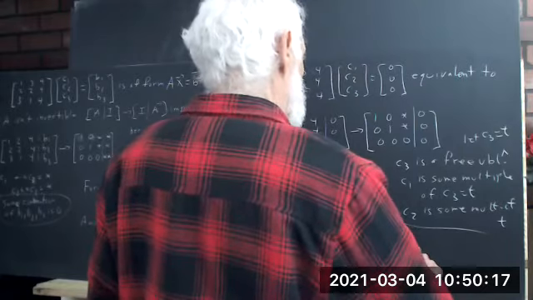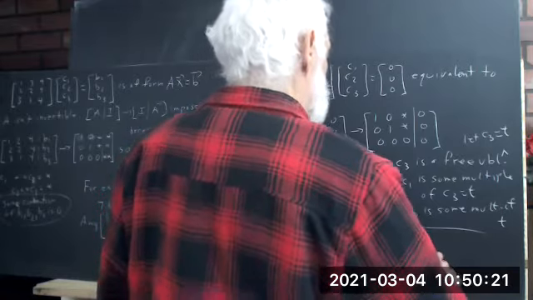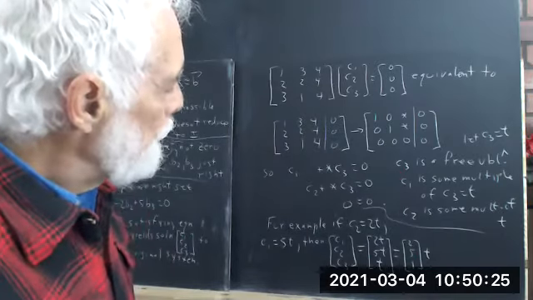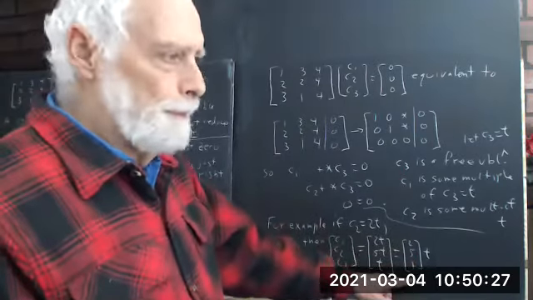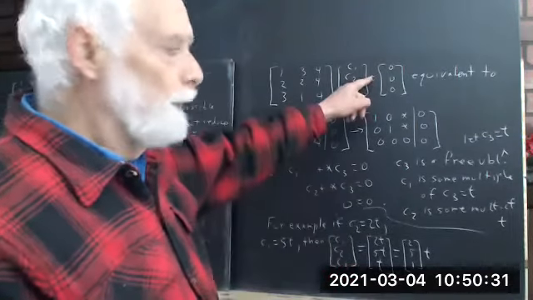And that equals the vector 5, 2, 1 times T. So any multiple of this vector is a solution to this equation.